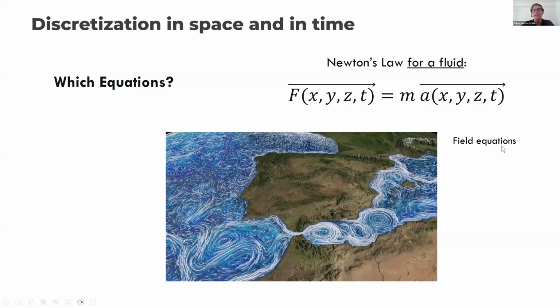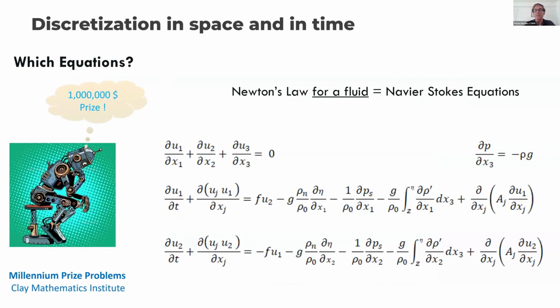And this is Newton's law for a fluid. So the forces are the different forces in the ocean, and the acceleration has the two terms that I told you, if you use the Eulerian approach, okay? So these are the equations.